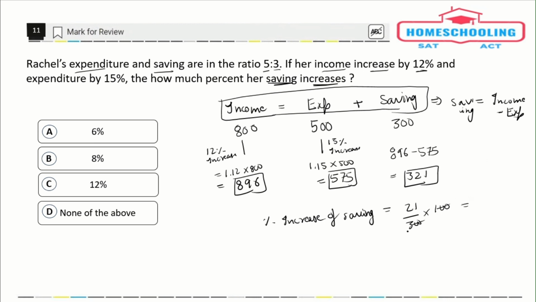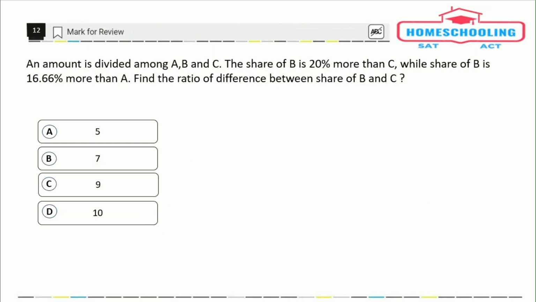So 3 will go 7 times, so 7%. So your answer would be 7%. In the option, you can see it is 6%, 8%, 12%, but your answer is 7%. So you have to take option D because your answer is 7%.